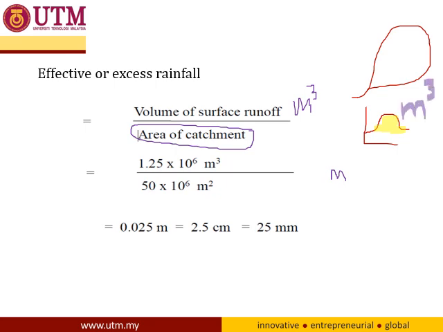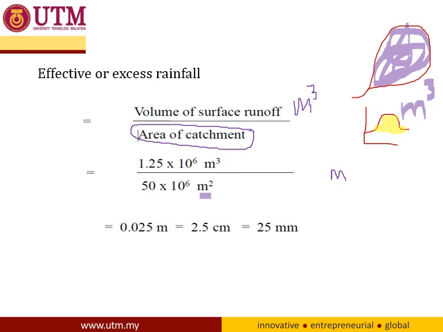This area of catchment produces this volume of surface runoff, but you want it in the unit meter. So you just divide it by the area of catchment.